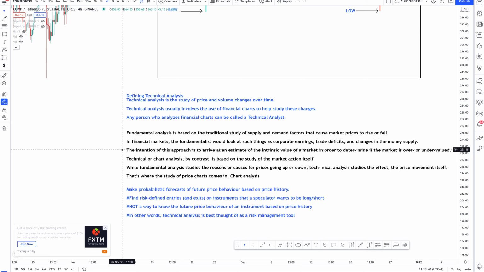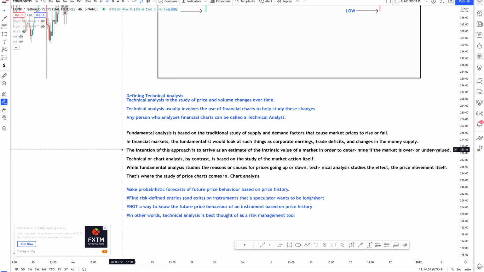In the financial market, the fundamentalist would look at such things as corporate earnings. I've got these from Charting Made Easy. This has to do with the stock market and the like.